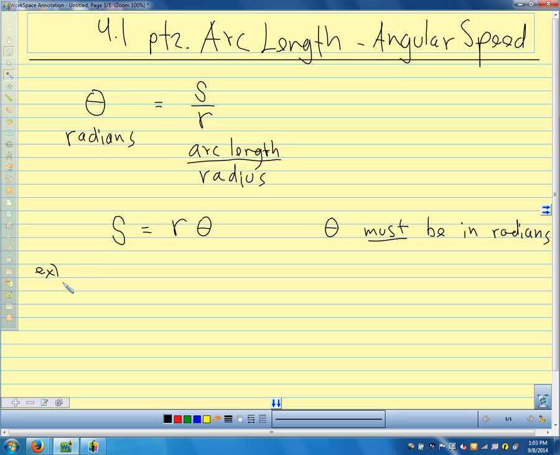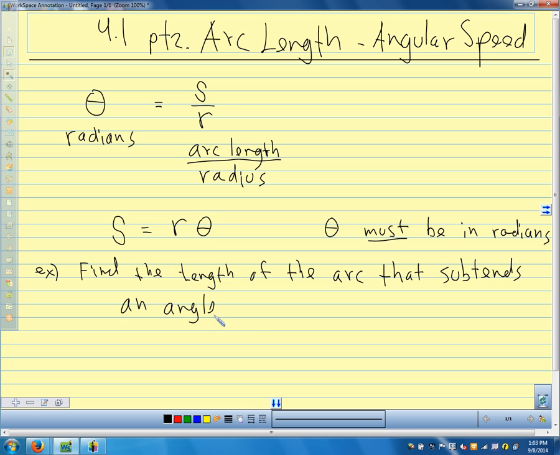It would say something like: find the length of the arc subtended, or that subtends, an angle of 120 degrees in a circle with radius 5 inches.